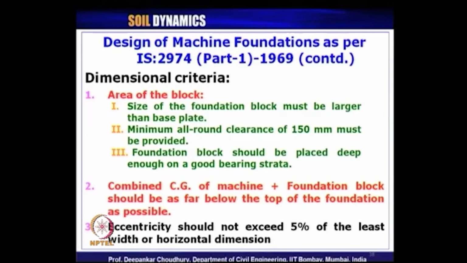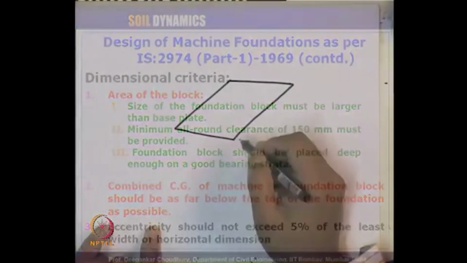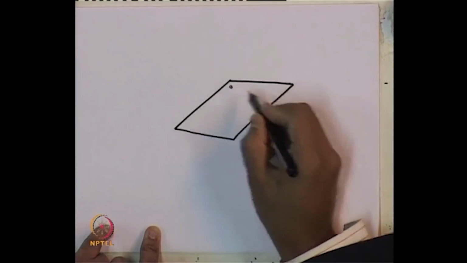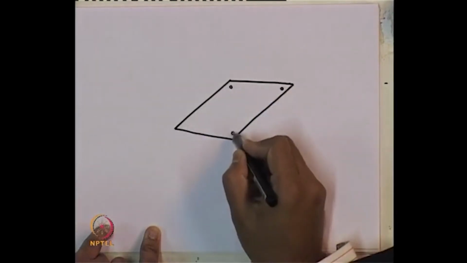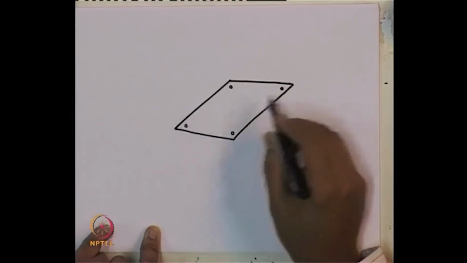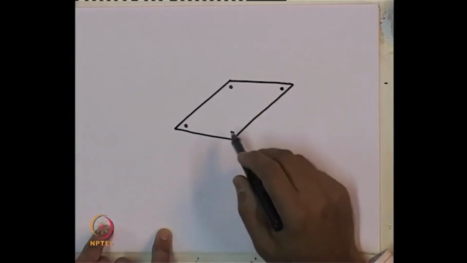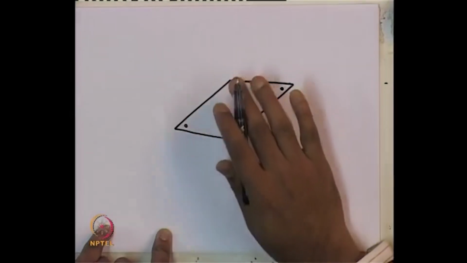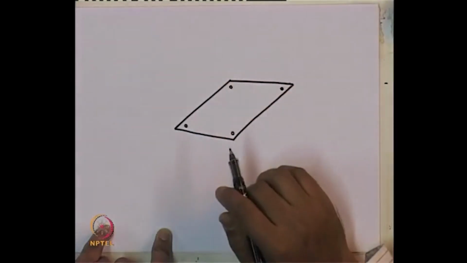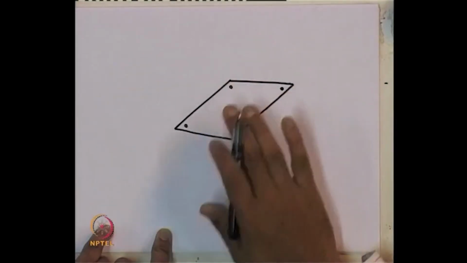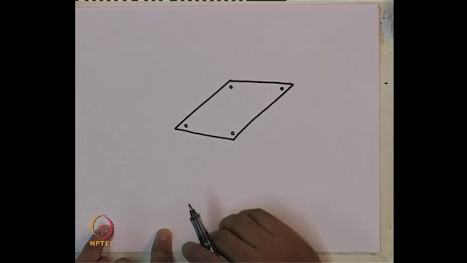Suppose we have a machine for which we have a base plate like this. This is the base plate provided by the manufacturer to us. On top of it, the machine will be kept, and finally, this plate has to be placed on top of our block type of foundation.